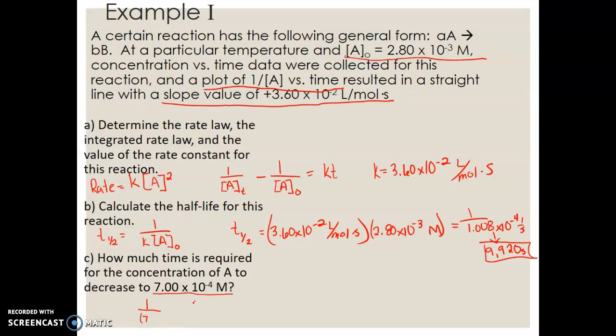Let's just slide this over so I can write it out. 1 over 7.00 times 10 to the negative fourth molar minus 1 over the initial concentration that we get from up here in the problem, 2.80 times 10 to the negative third molar, is equal to 3.60 times 10 to the negative second times our time.